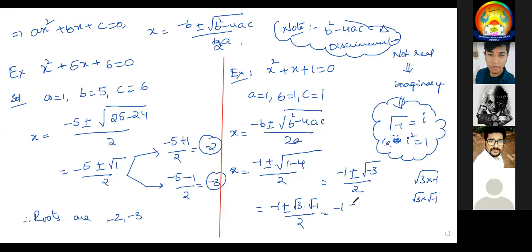That is minus 1 plus or minus root 3 i by 2. Now the two roots are minus 1 plus root 3 i by 2, and minus 1 minus root 3 i by 2.